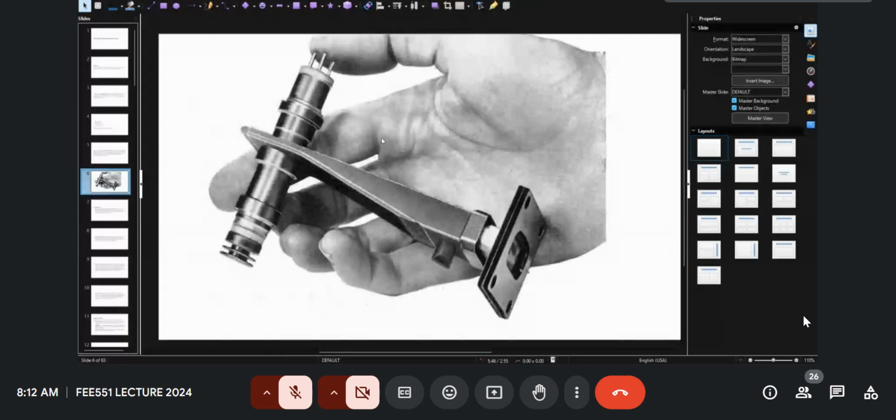So this is just a miniature of the O type backward wave oscillator. It looked something like this, but there are larger ones, and it has pretty much evolved over time.